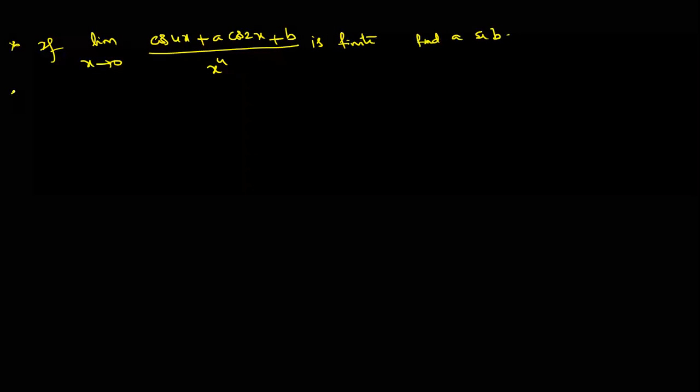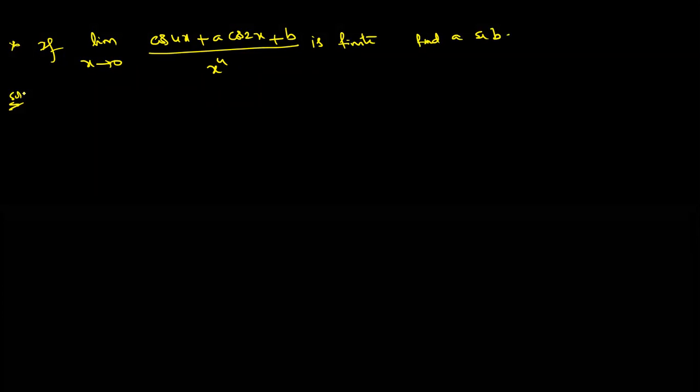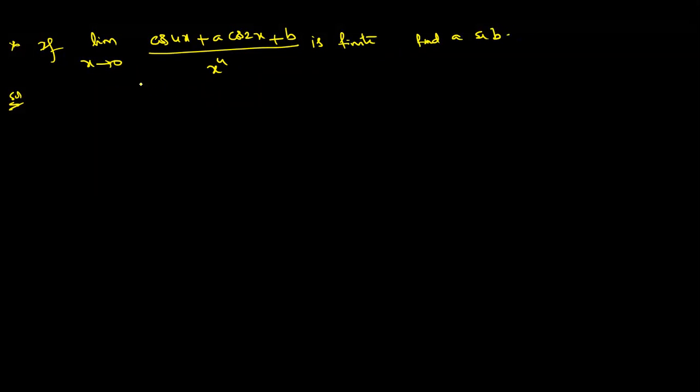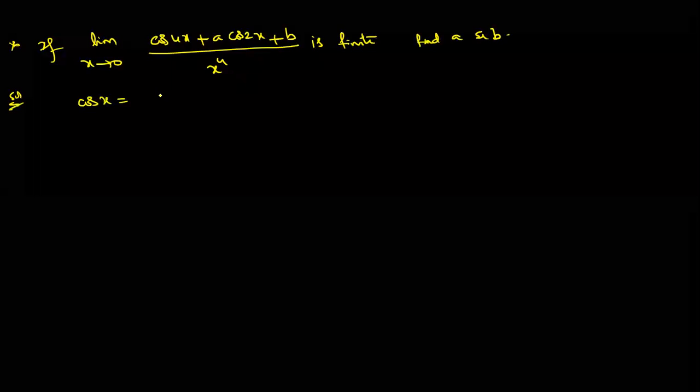So two methods are there. One is, what is that? L'Hospital's rule or expansion. Best method is what here? Expansion method. What is the expansion of cos x? Anyone please tell me?